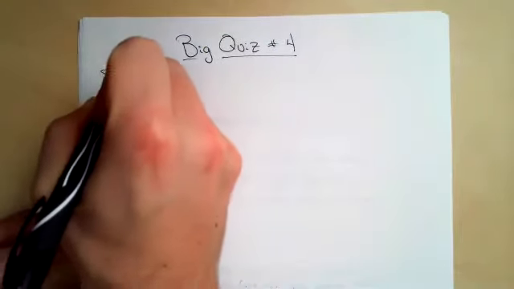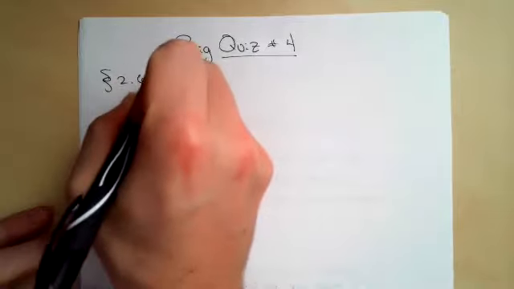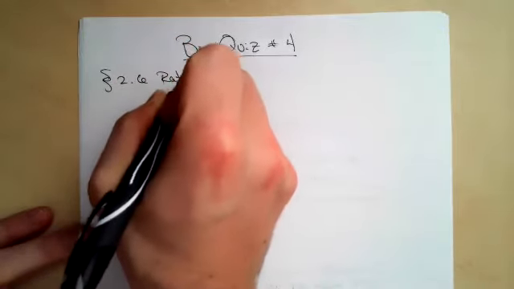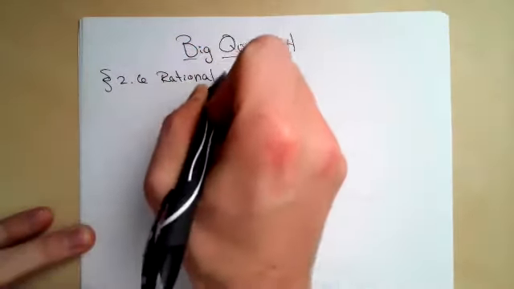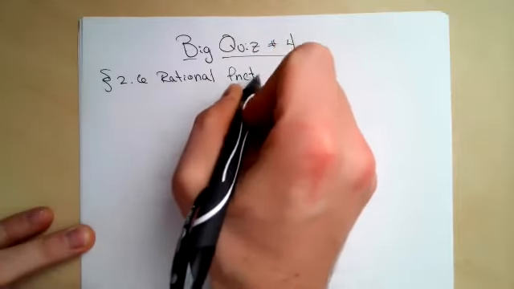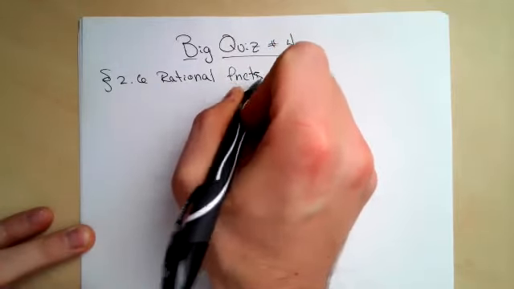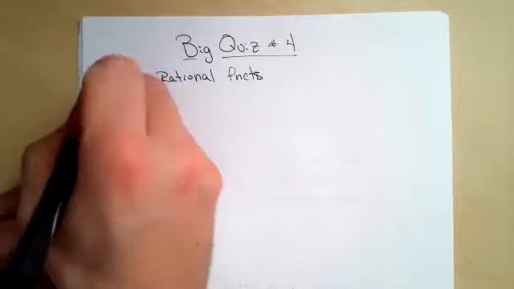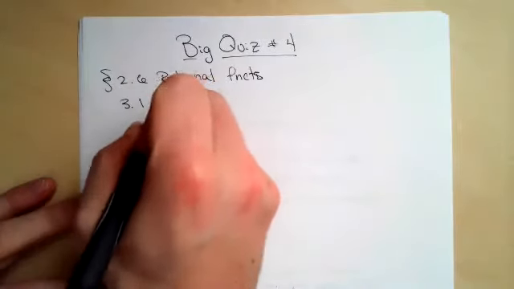So section 2.6, rational functions. Then we had exponentials after that.